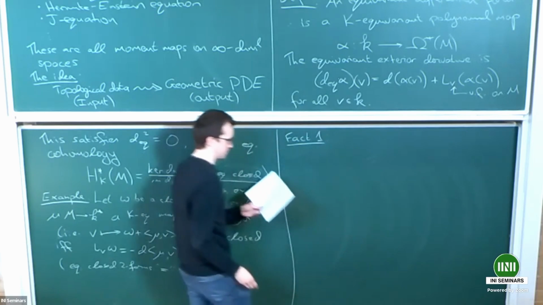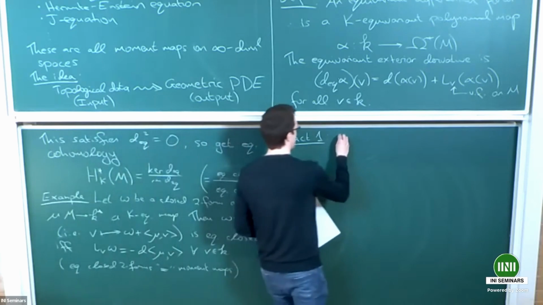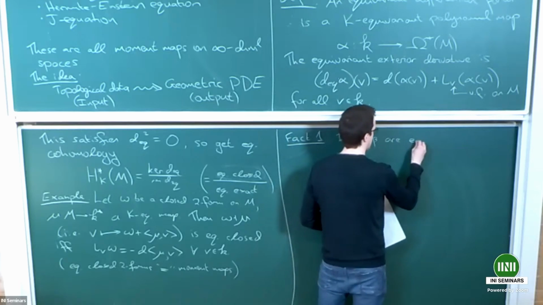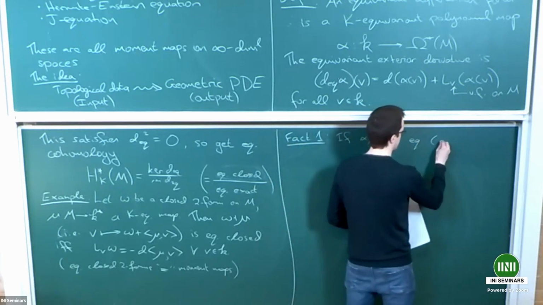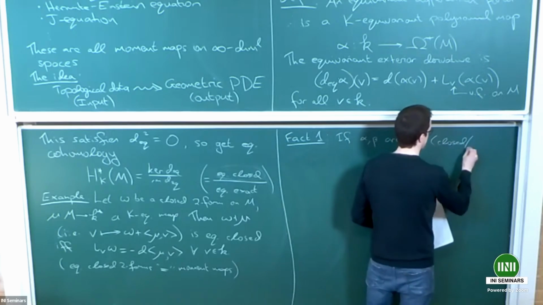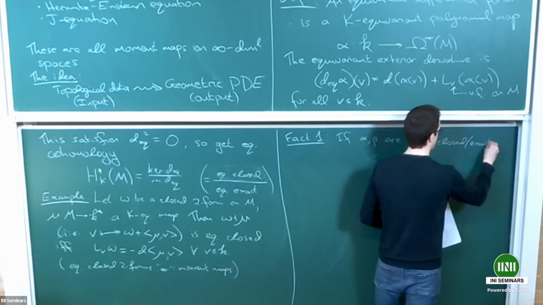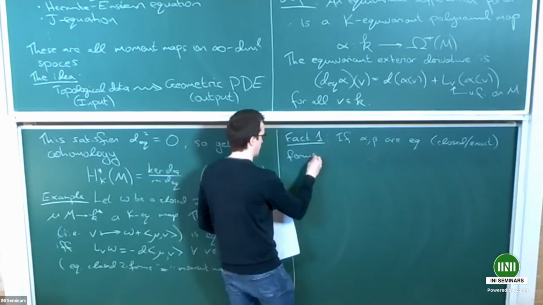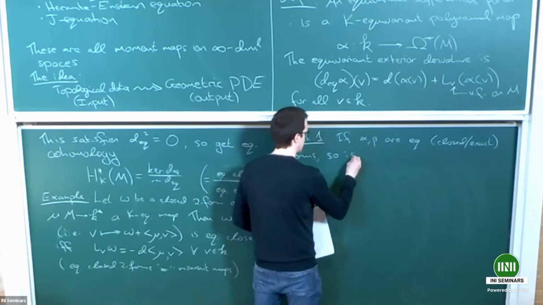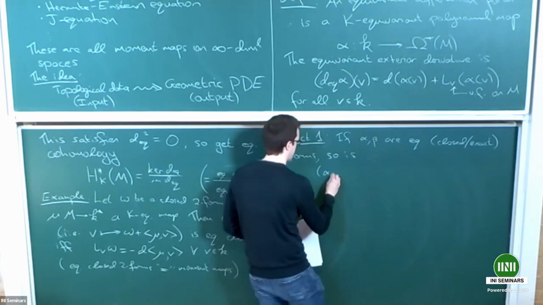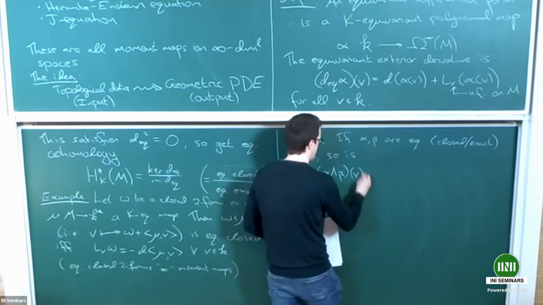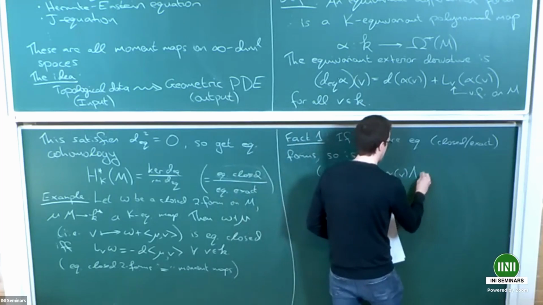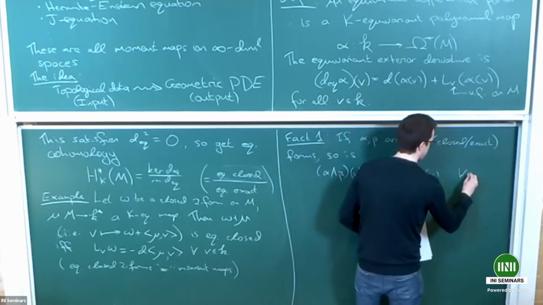Fact one: if alpha and beta are equivariant, and I'll say closed or exact, but they don't have to be, forms, so is alpha wedge beta, which we define by just taking alpha(v) wedge beta(v), for all v in the Lie algebra.